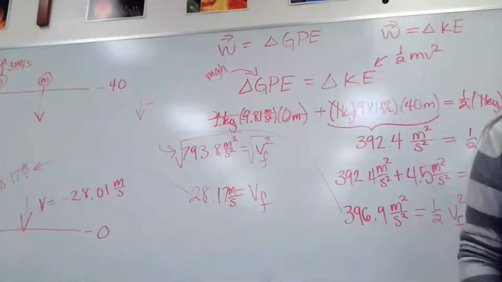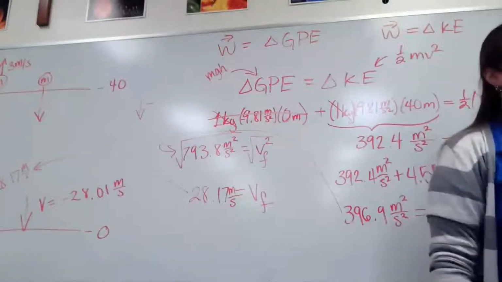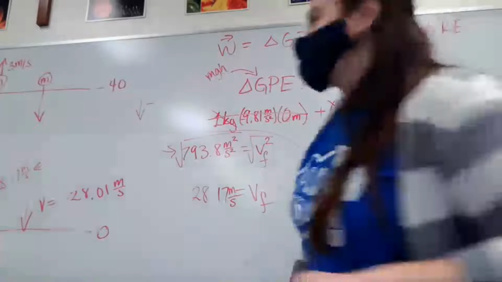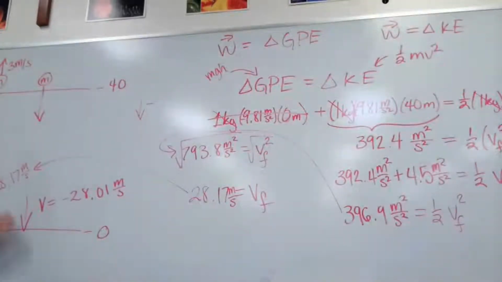Let's see. I did want to make sure that was clear. I know we kind of talked about it last week, but that was quite a while ago. The change in gravitational potential energy for both of these balls or masses or whatever we decided they were is the same. Okay? Even though this one has a larger velocity, the change in gravitational potential energy is still the same.